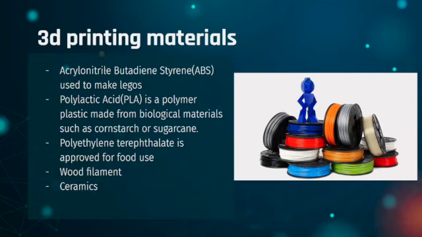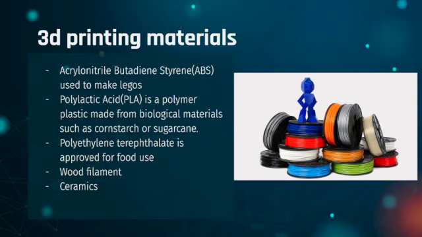Then another material is wood filament. Despite this name, these printer filaments are not made of wood, but they use very fine wood particles that are combined with PLA, which is a plastic, and glue, which binds them together.